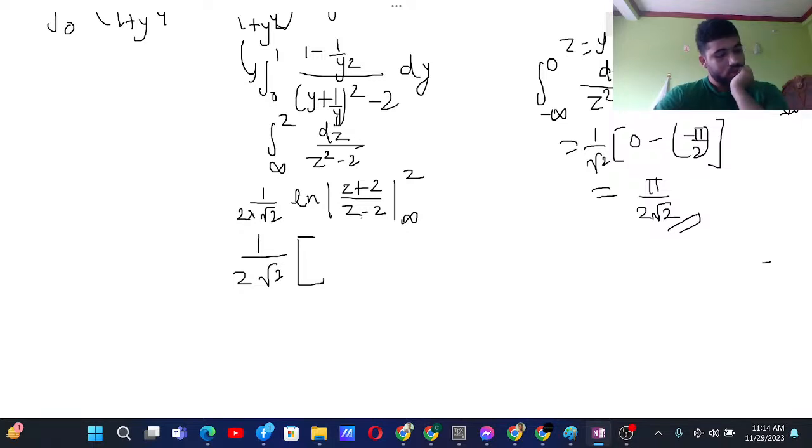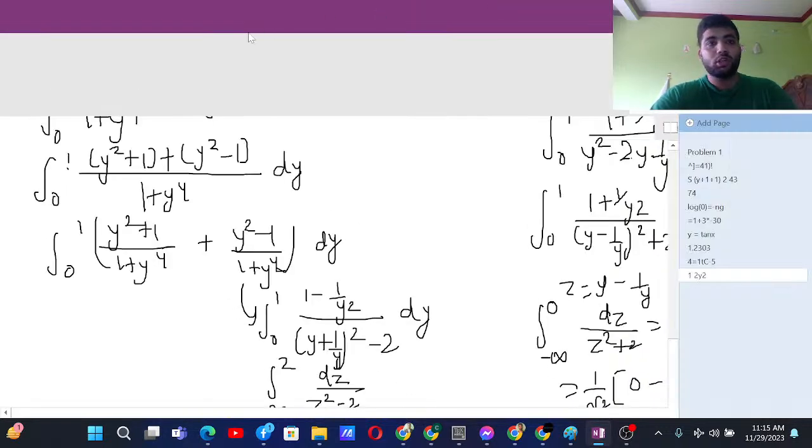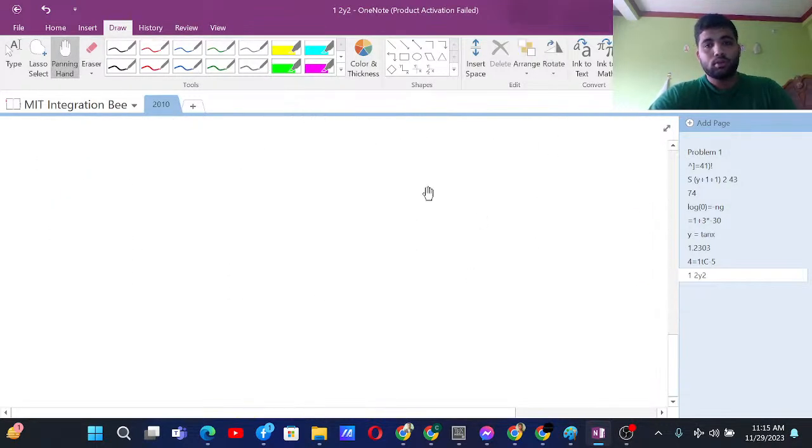Okay, I have made a mistake. This is g, and I have also written the wrong formula. I'm really sorry for all the mistakes that I've been making. It's actually minus 2 in the numerator, not in the denominator. So g minus 2 by g plus 2 from infinity to 2. This is the correct formula, and I'm really sorry for messing it up.